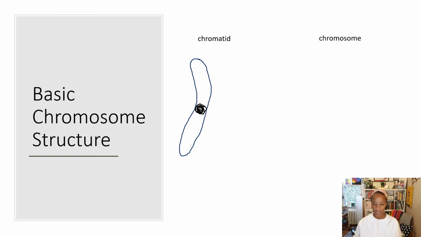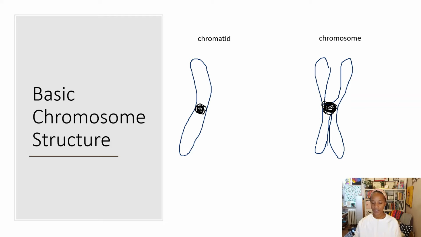Then this one chromatid would be duplicated, to give us this kind of traditional chromosome X structure that we see. Okay, so chromatid, sister chromatids, one chromosome.